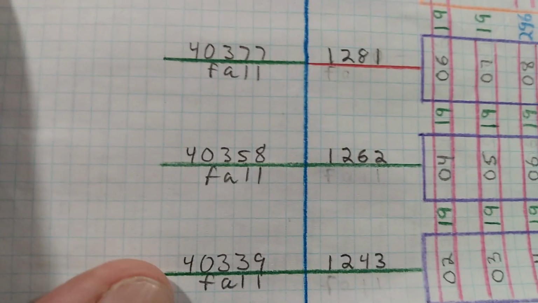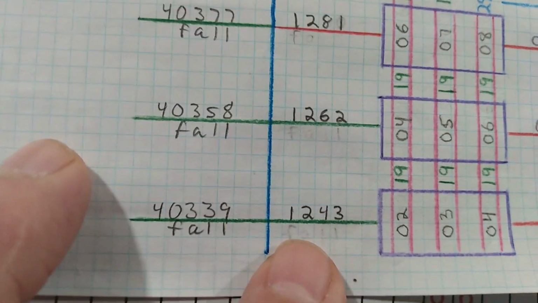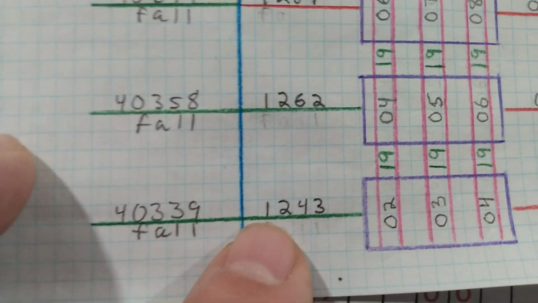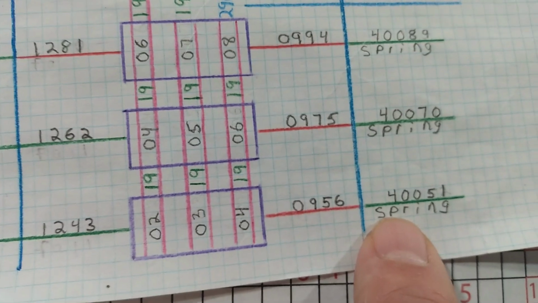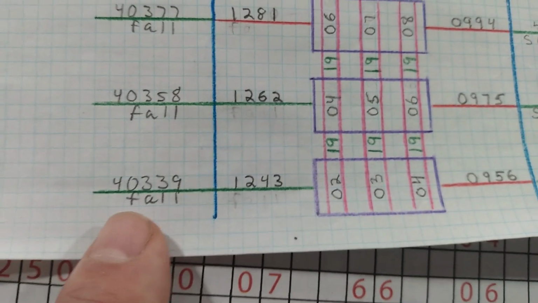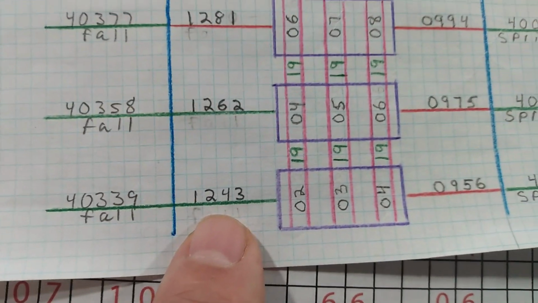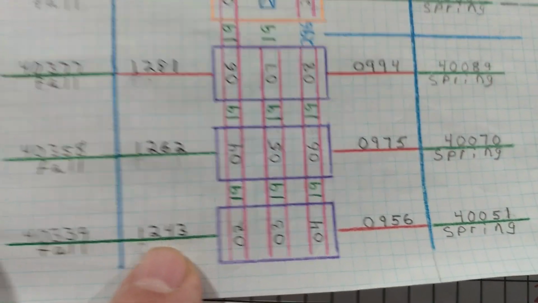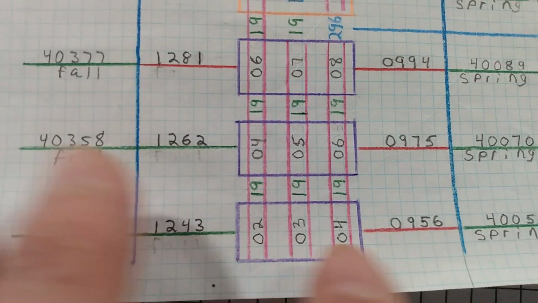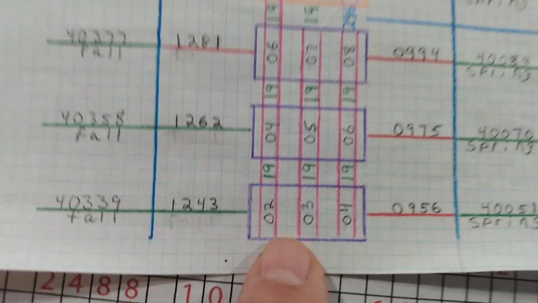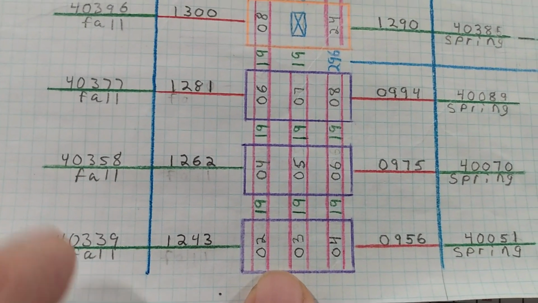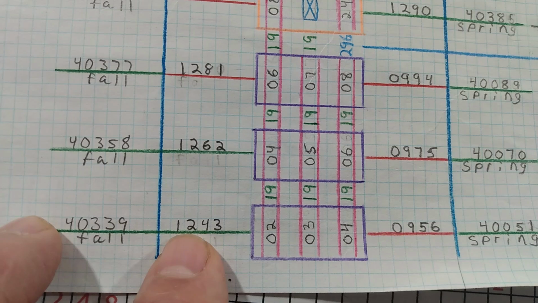Okay, starting back in time. This one just ran short on the paper. I can only fit so much on some of these papers. So this one directly across from this spring equinox is going to be over here in the fall at 1243. Now this 1243 is 143.75 plus another 143.75 takes you to this 1243.